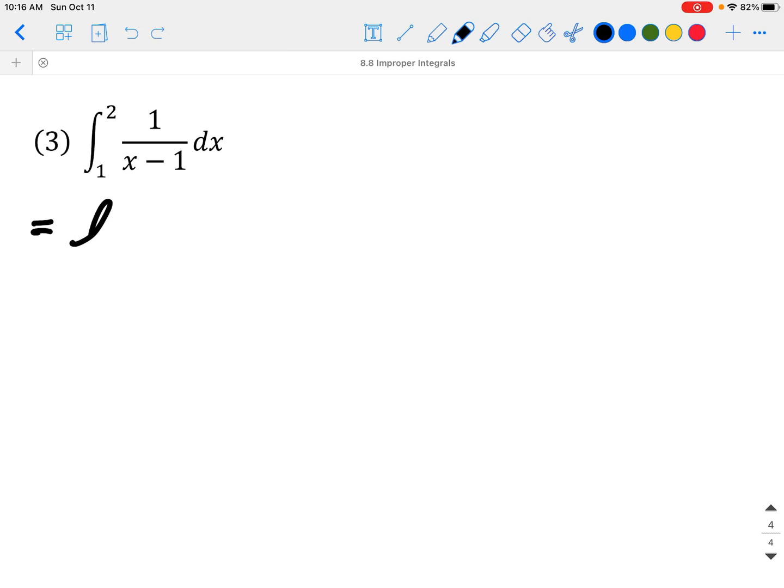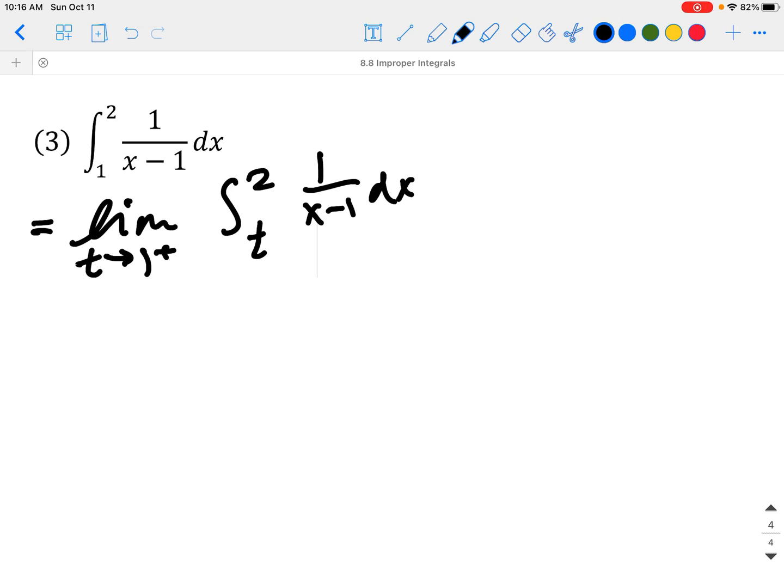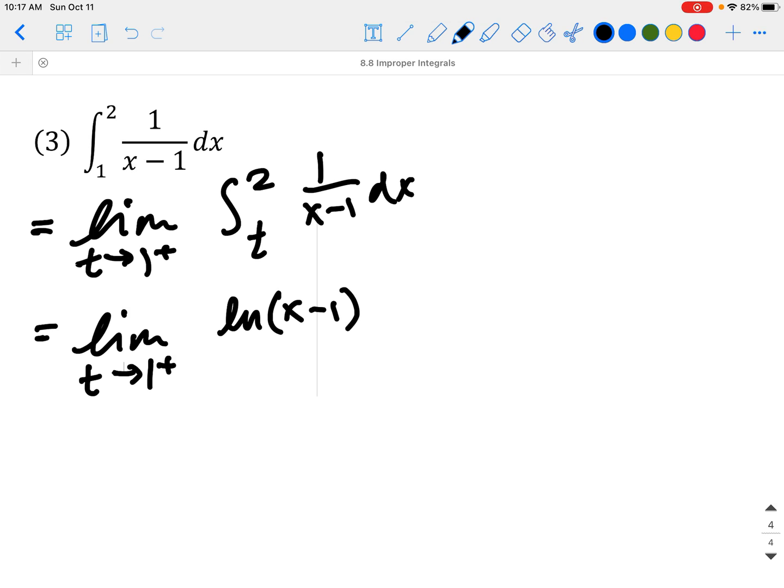So we're going to be approaching 1 from the right. So we get the integral from t to 2 of 1 over x minus 1 dx. So this is going to work out to a nice natural log of x minus 1 from t to 2.